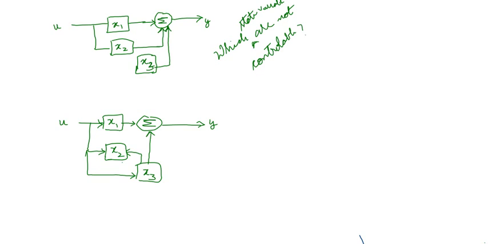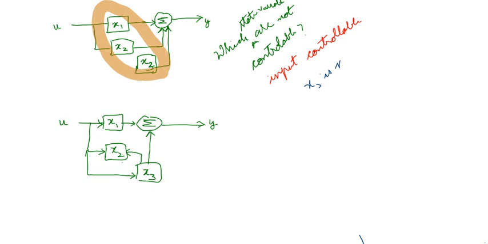State variables are x1, x2 and x3. Controllable means it is input controllable. Among x1, x2, x3, which is not connected to the input? x3, right? So the x3 state variable is not controllable.